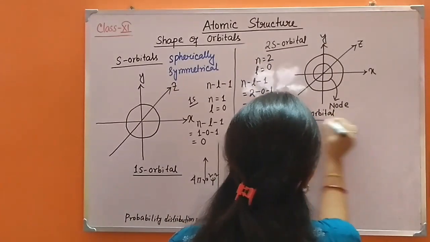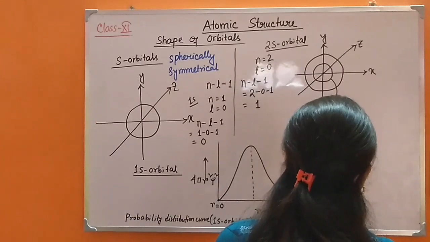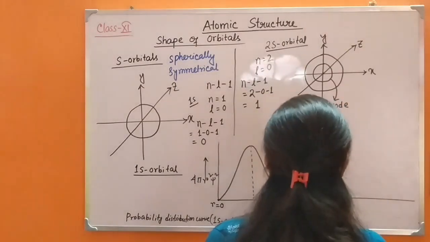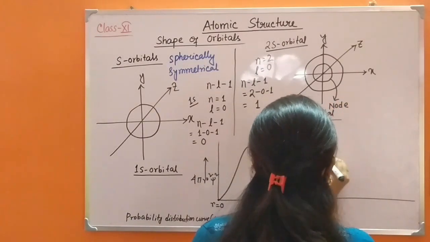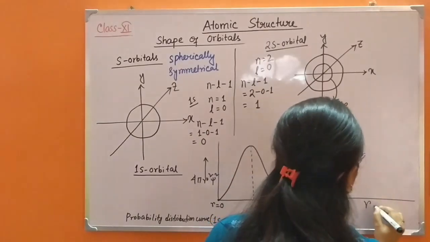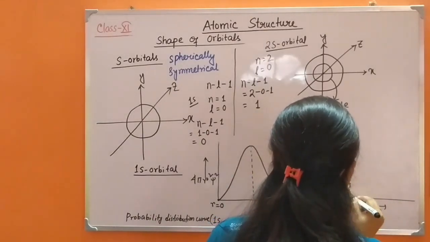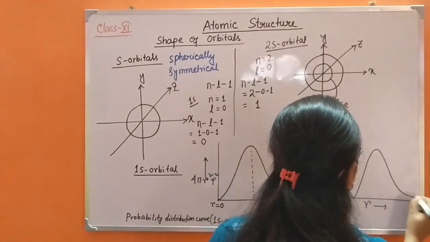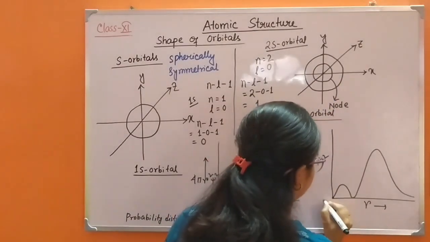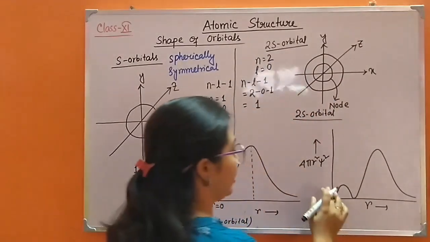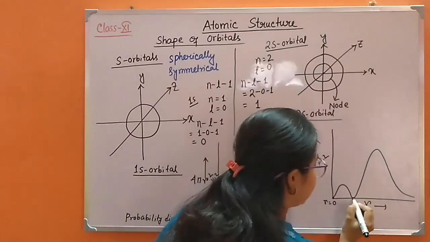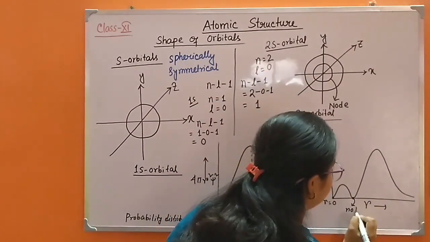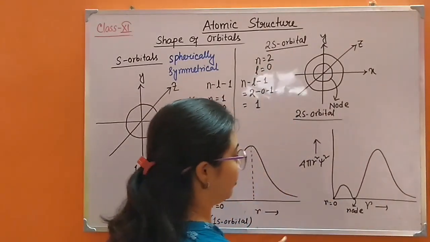And the probability distribution curve for 2s orbital is this. At this point r equals 0 and electron density is 0. And this is one node present in the 2s orbital.